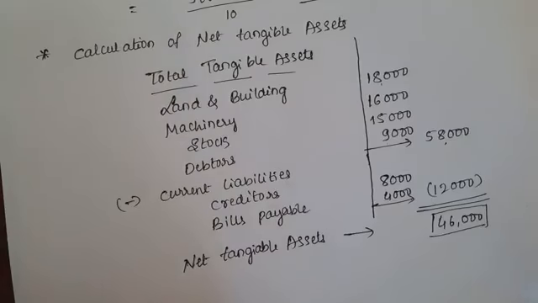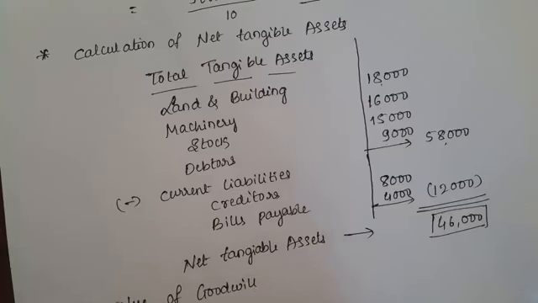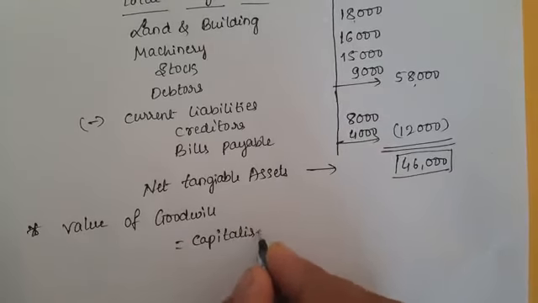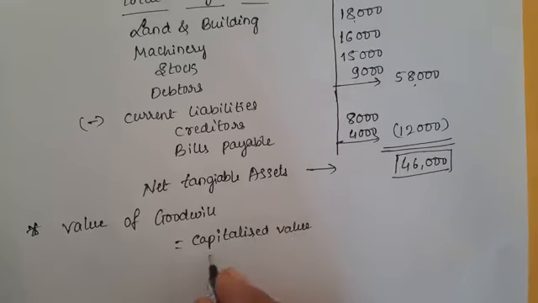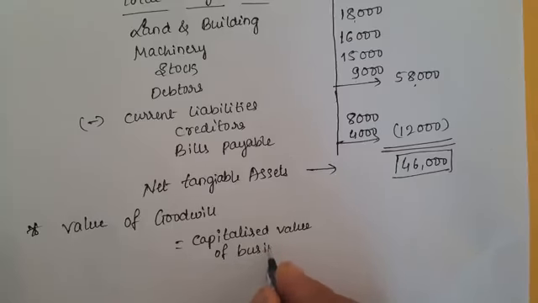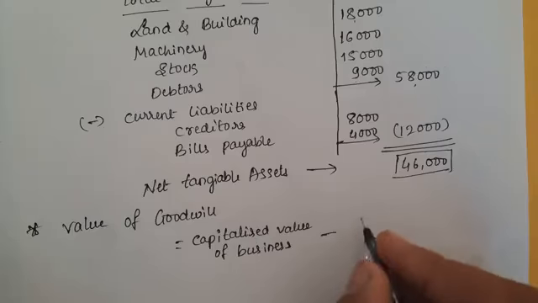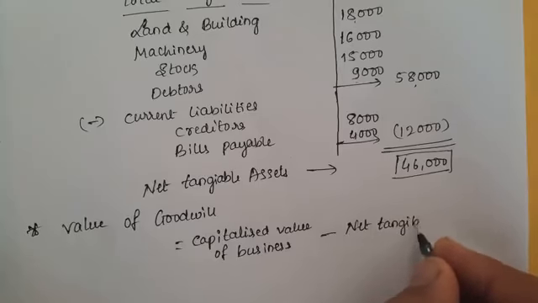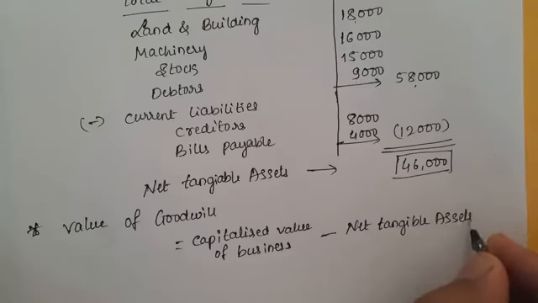Then the last step, value of goodwill. Value of goodwill is equal to capitalized value of business minus net tangible assets.